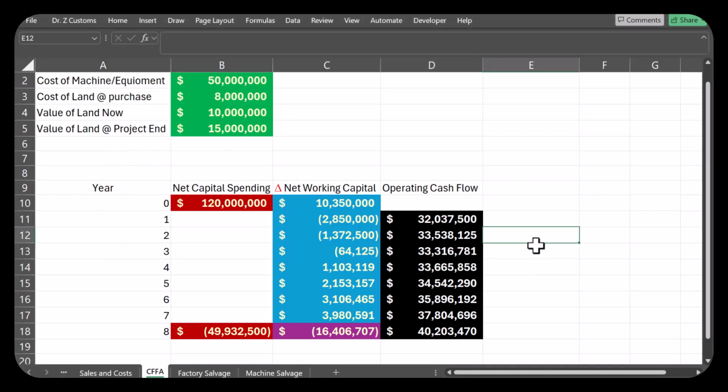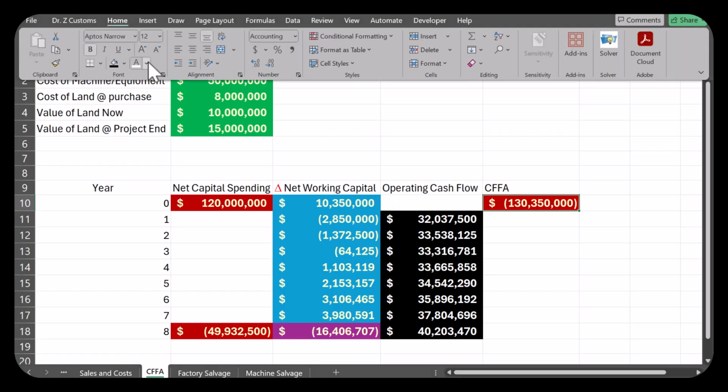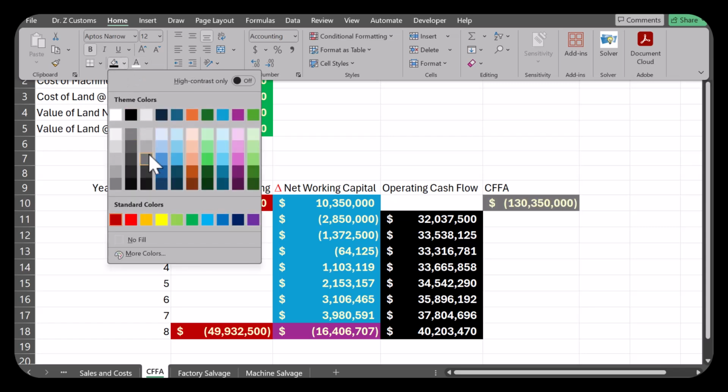Now all I have to do is calculate cash flow from assets. That's easy. Operating cash flow minus net capital spending minus change in net working capital. Let's make that. I'm gonna use the bright reds for that.